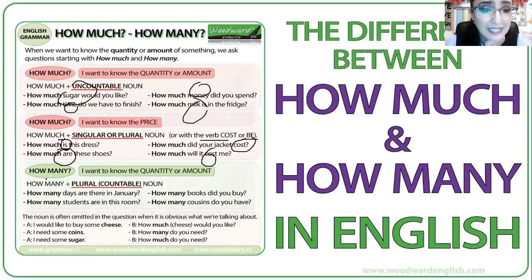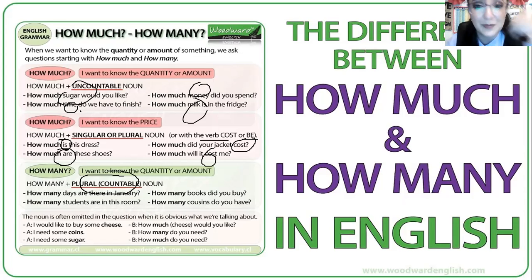And how many, you are going to be making use of how many if you want to know the quantity or the amount of something, but with plurals that are going to be countables. Singulars that are uncountables. And remember, I used to say singulars that are uncountable, but we already know that uncountables are singulars.